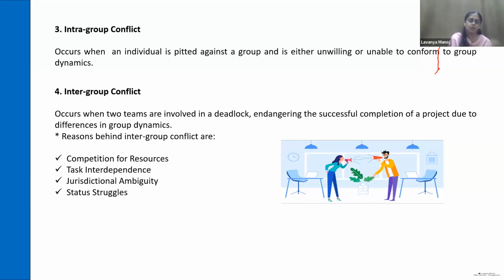It's a psychological conflict. And then we have interpersonal, between two persons in the organization, and intra-group, between one individual and a group of individuals, that is between a team and one individual in the organization. And finally, we have intergroup, that is between two groups in the organization.